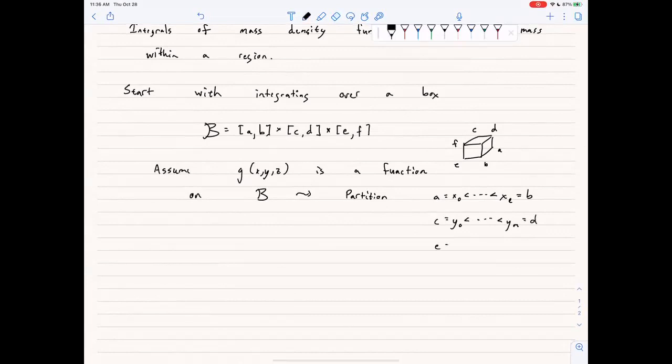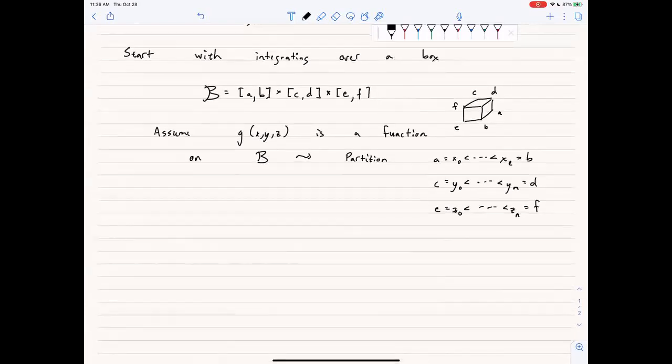And then I'll partition this last interval [e,f] up to n. So I'm kind of thinking of this in terms of a cheese grater, where now I slice this up into a whole bunch of little tiny sub boxes.